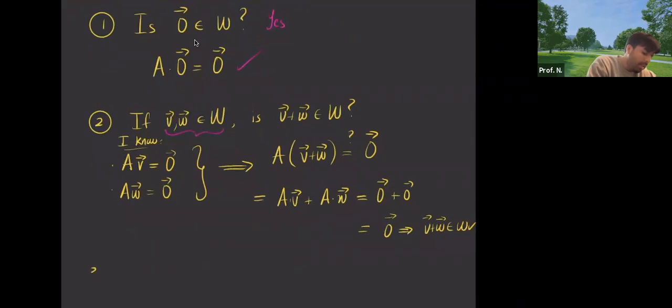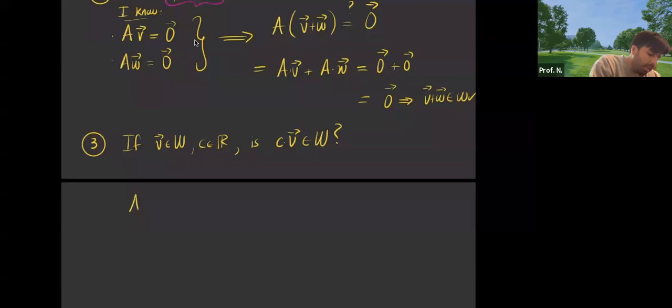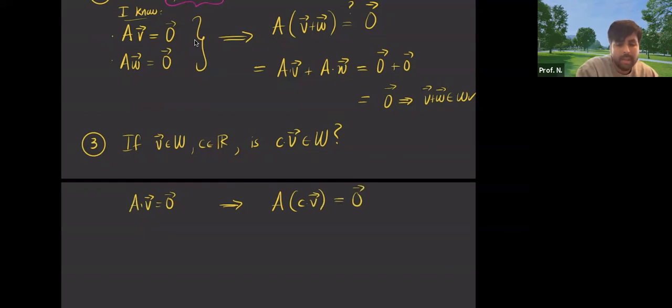And then lastly, what's the last one? If V is in W and C is a scalar, is C times V also in W? Well, again, I know that A times V is 0. So does A times C times V also give me 0?